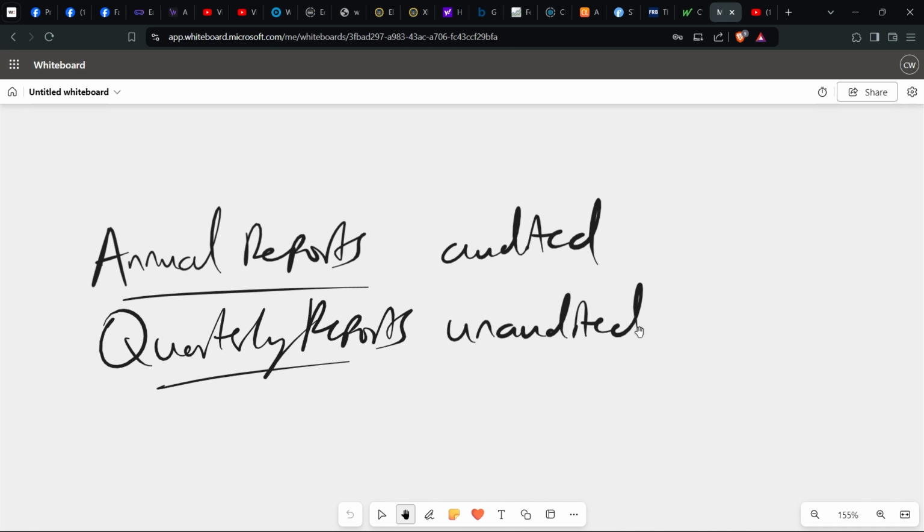This is the case given the current context, where we're talking about publicly listed companies in the U.S. stock market. The annual reports are usually audited, and the quarterly reports are unaudited, meaning they have not yet been verified to be true by the relevant authorities.